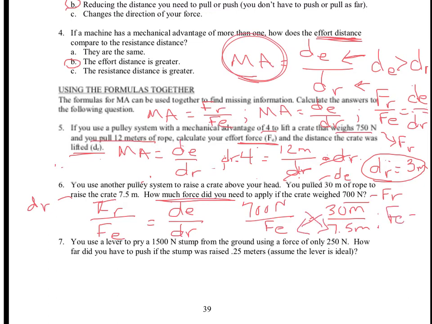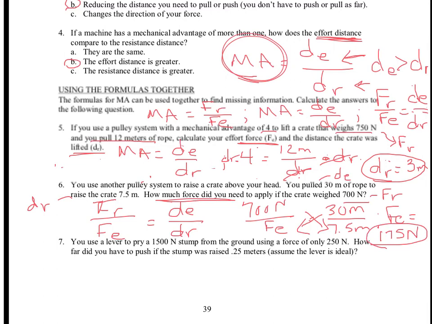I'm not going to work out each step, I just don't have room, but I will talk you through it while doing it on my calculator. So I would take 700 times 7.5, which gives me 5,250, and then I would divide that by 30, which gives me an effort force of 175 newtons.